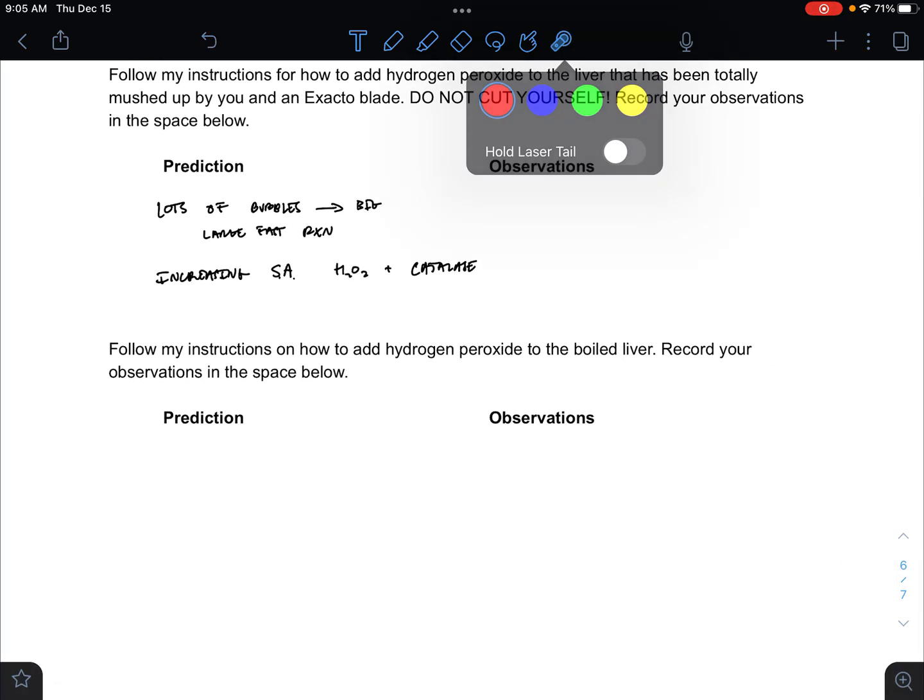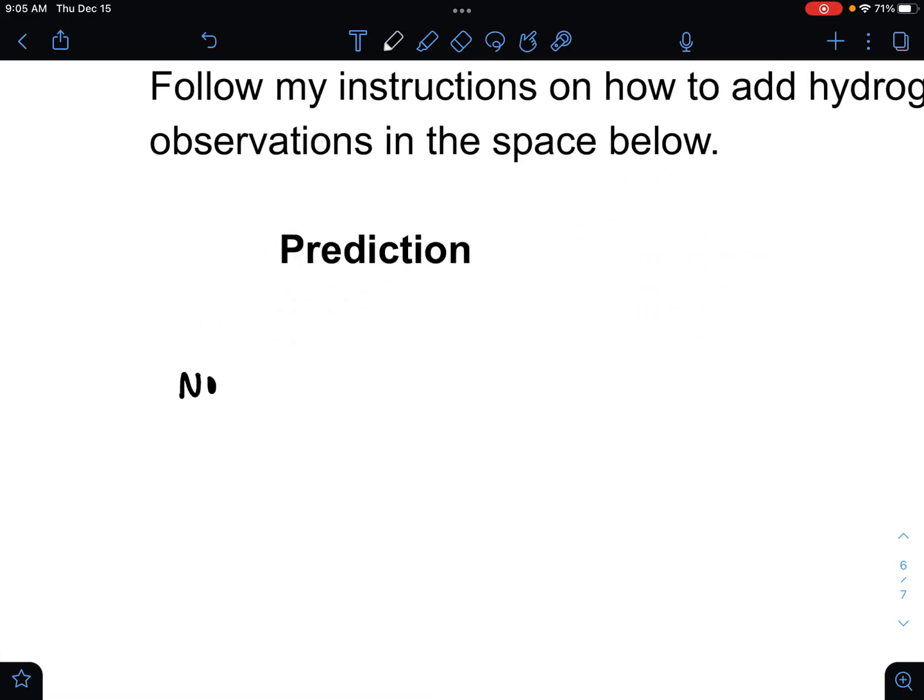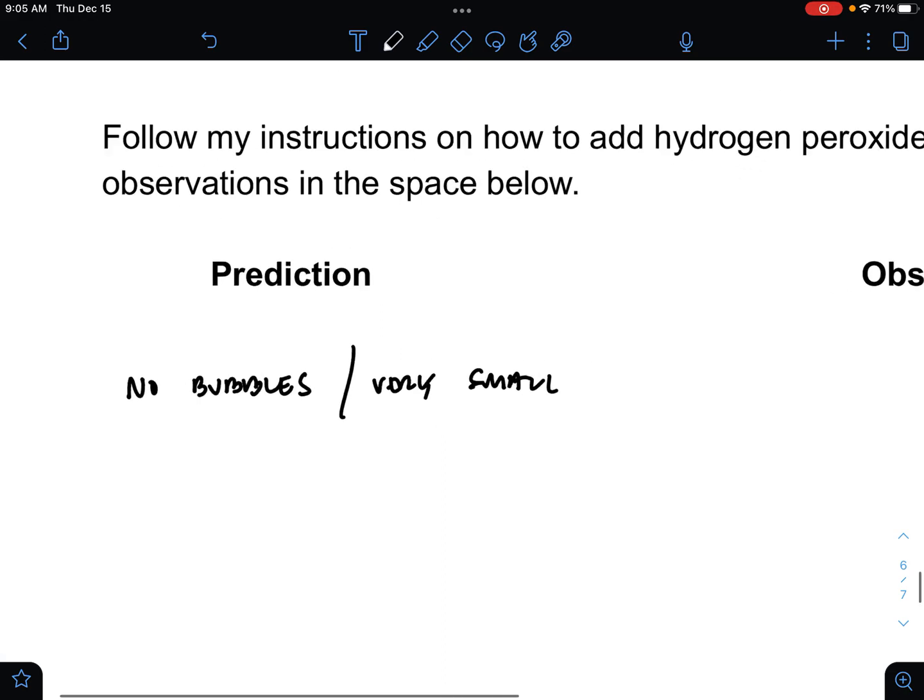Okay, when you added hydrogen peroxide to the boiled liver, you saw no bubbles, or a very, very limited reaction, very small bubbles.